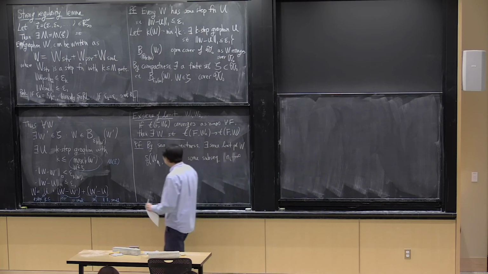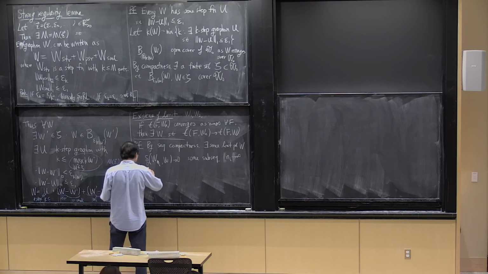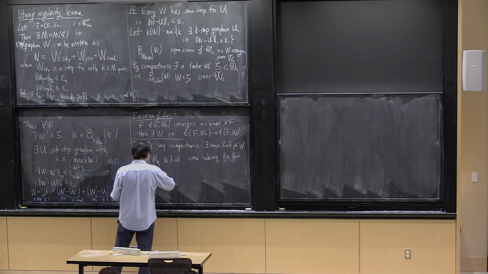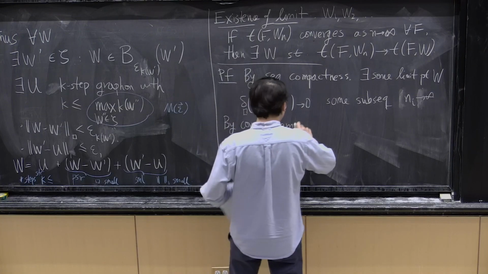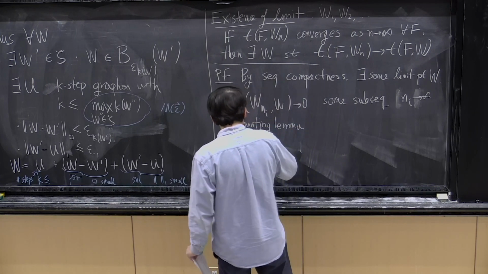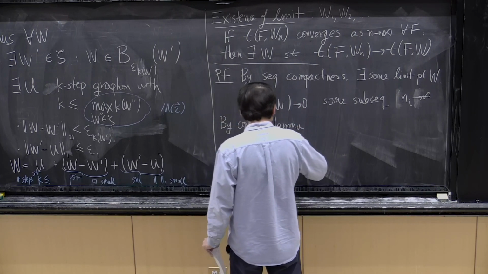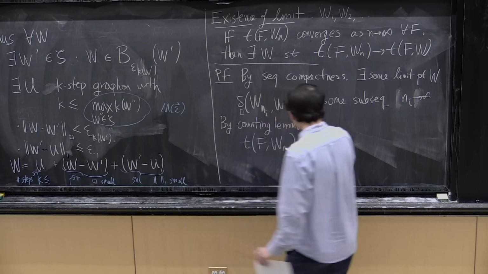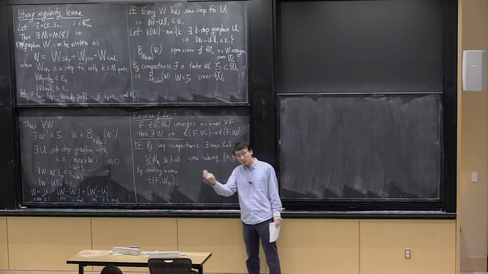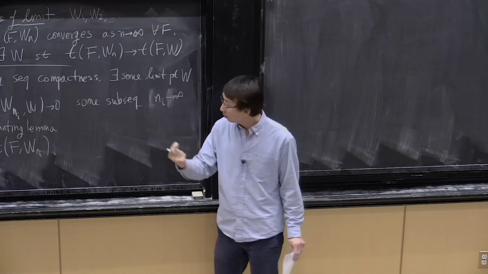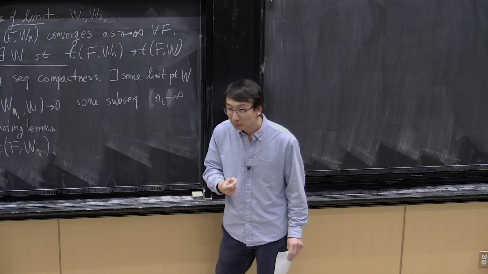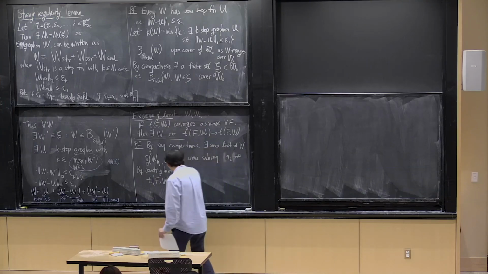But now by the counting lemma, the sequence of F densities. The counting lemma tells you if you have cut distance going to 0, then the F density should also go to the limit. So indeed, that's what we have here.